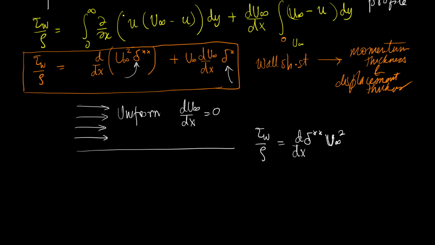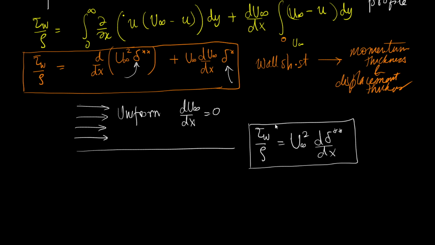Because u infinity is a constant, it can come out of the integral as well. So depending on the nature of the delta double star, or the momentum thickness, we can get an estimate of the wall shear stress.